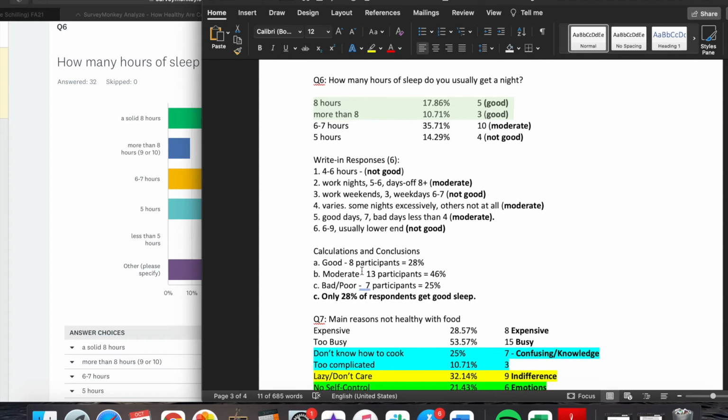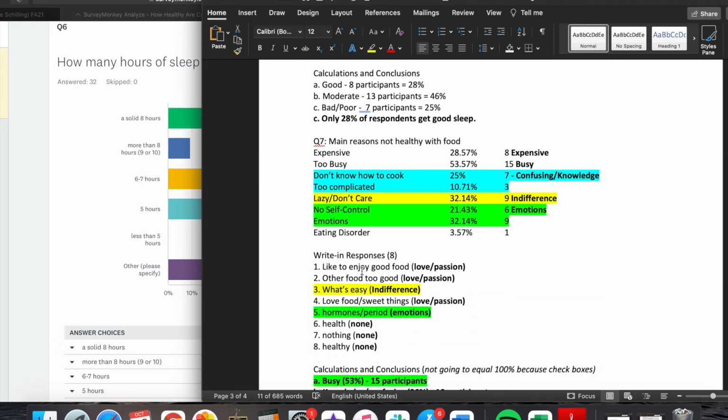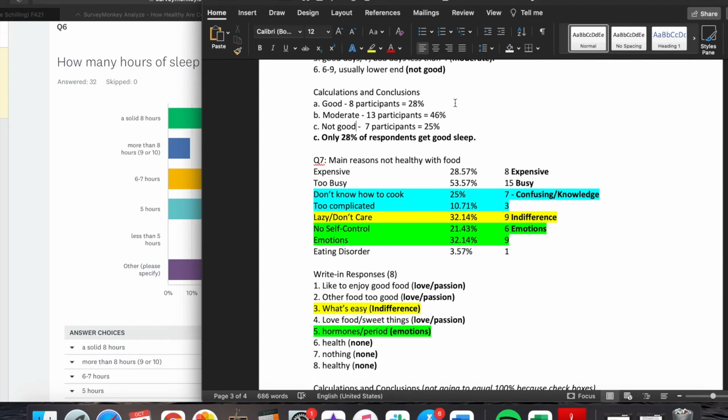So then on my calculations and conclusions, I have 8 participants that are good, 13 participants that are moderate, and, let's make this consistent, 7 participants that are not good. So I divided my number of participants into the total participants that answered these questions and got 28%, 46%, and 25%.